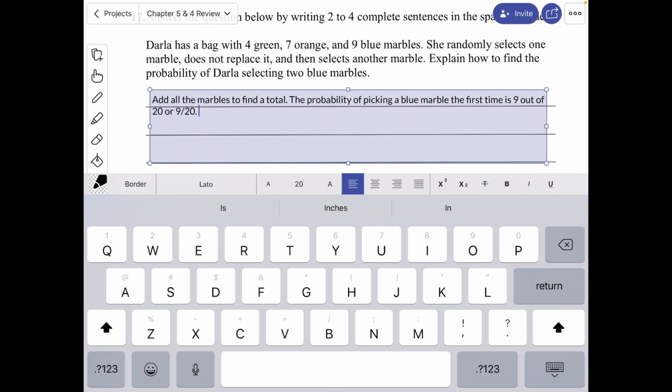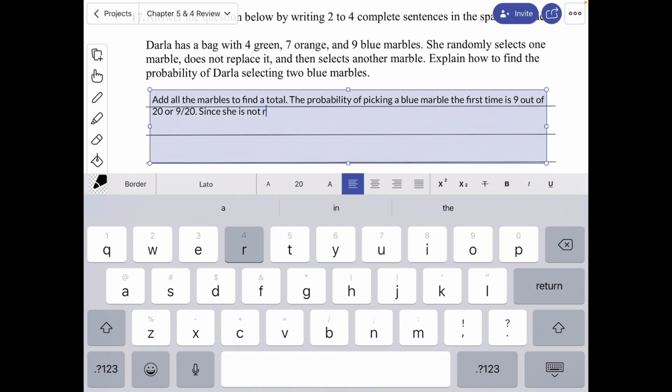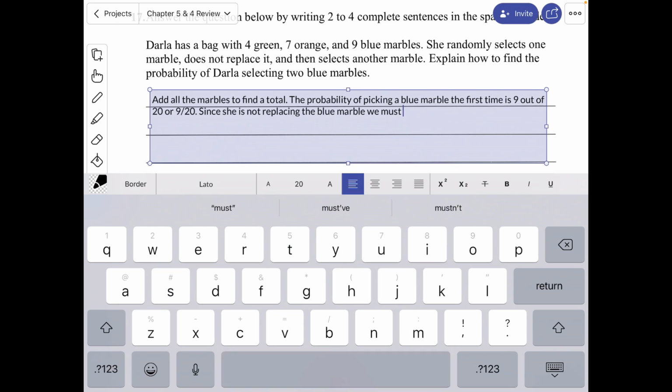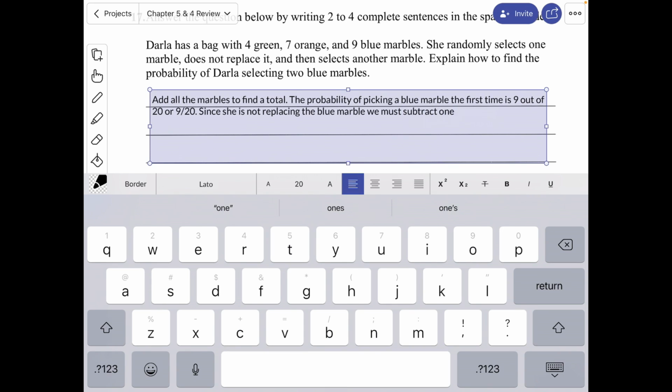Now the next time she's not going to replace it, so we have to subtract 1. So since she is not replacing the blue marble, we must subtract 1. Now what do we subtract it from? The numerator and the denominator. Subtract it from both of those.